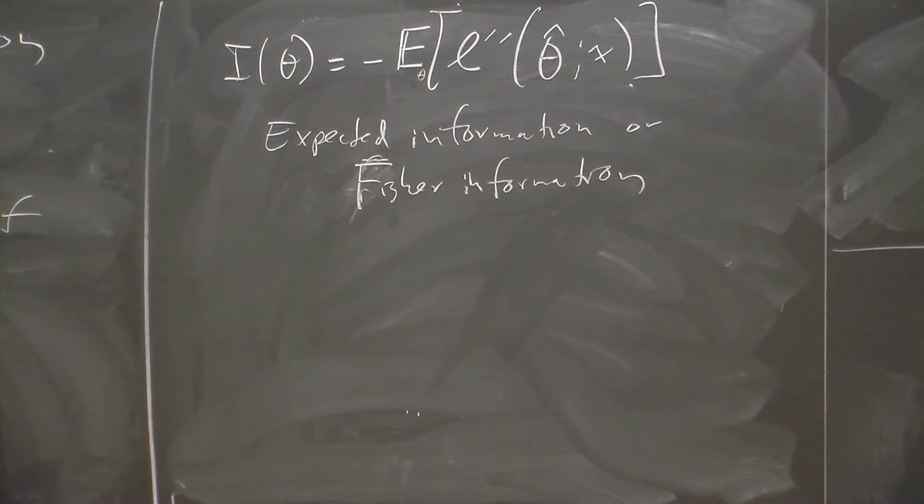You need a second derivative to determine its actual maximum. That's true. If the second derivative is in the wrong direction, it's hopeless. But what does the information of that second derivative tell you? The second derivative of the log likelihood function.